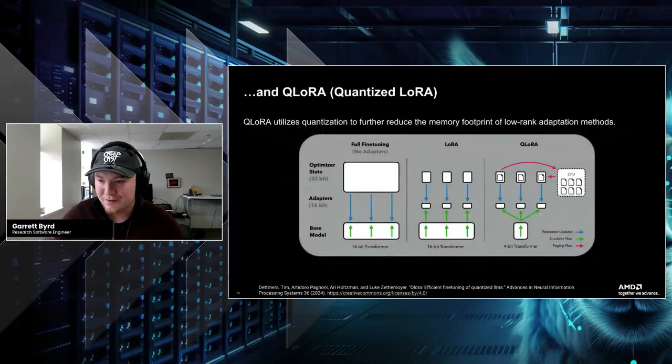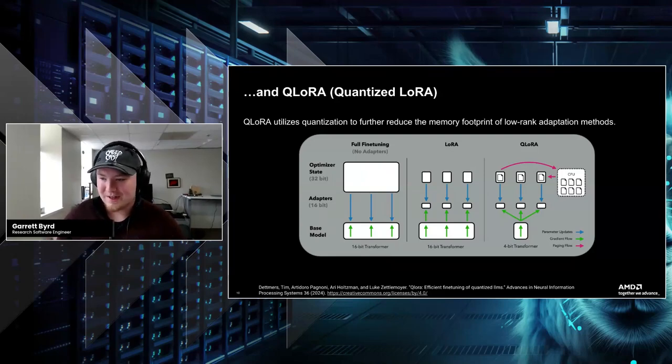And then from LoRA, we have QLoRA, which is an implementation of LoRA which is quantized. This graphic is taken from the foundational paper on QLoRA, Tim Dettmers' QLoRA: Efficient Finetuning of Quantized LLMs. Essentially what this graphic is getting across is, on the left, we have our full fine-tuning setup, where we're using single precision, which can be quite costly.